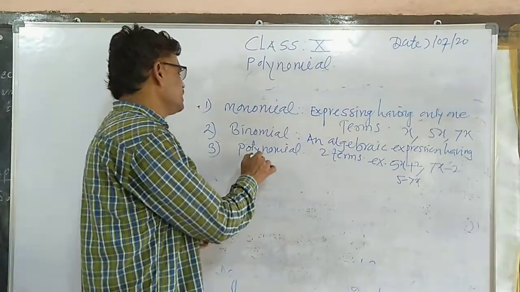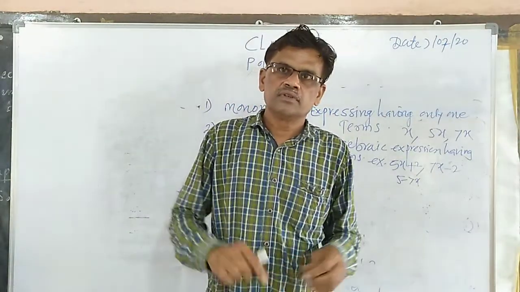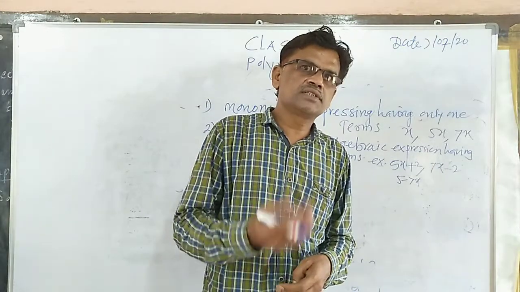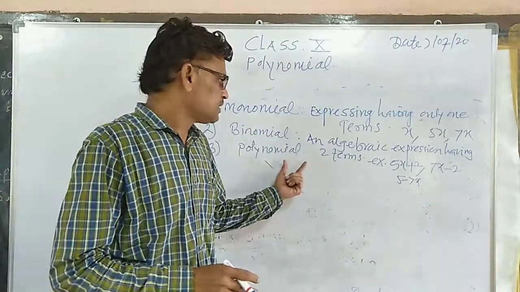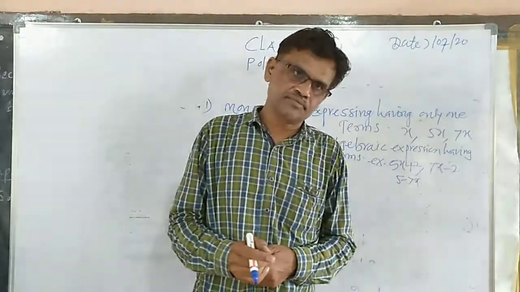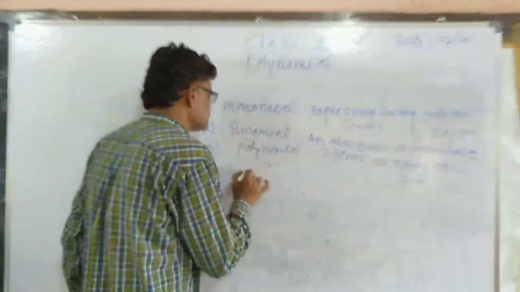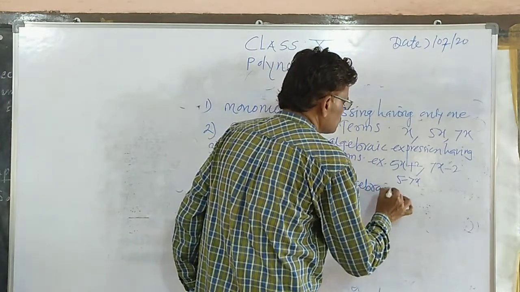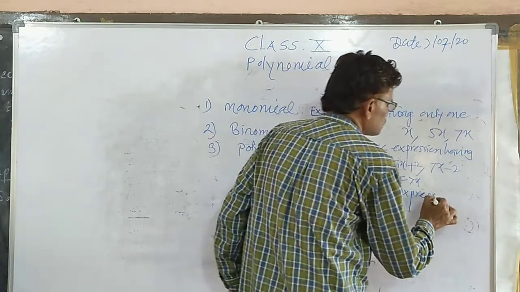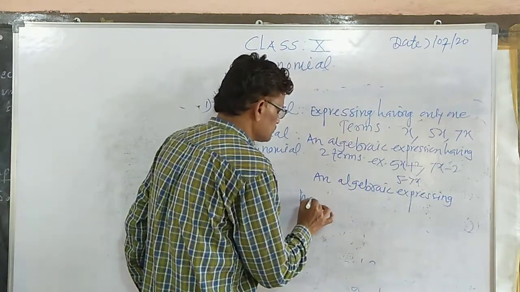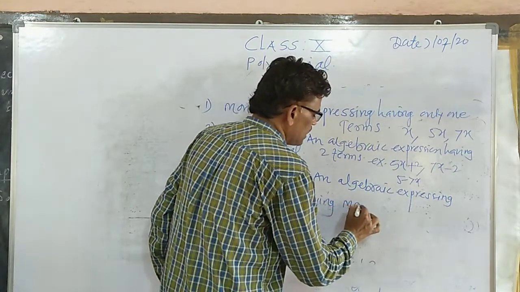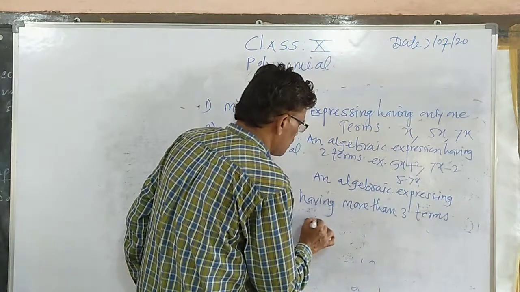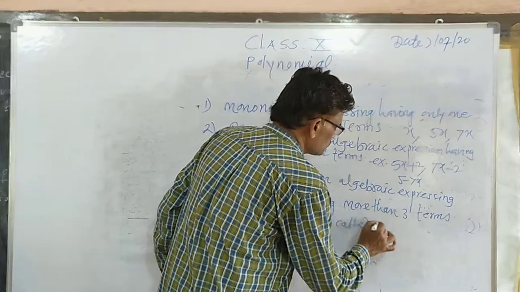So dear students, if an algebraic expression has more than 3 terms, then that expression is called a polynomial. An algebraic expression having more than 3 terms is called a polynomial.